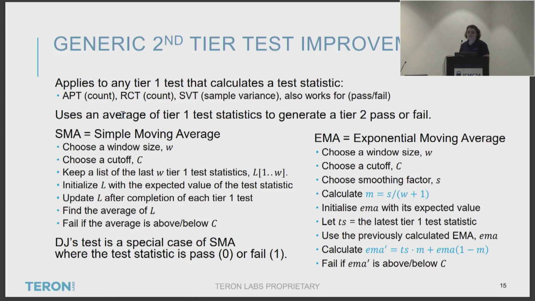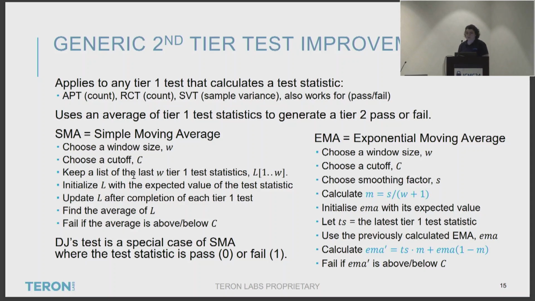So I looked at 2 different types of averages, a simple moving average and an exponential moving average. Both of them you need to choose a window size and a cutoff. For the simple moving average, you have to keep a list of the last W tier 1 test statistics. You can initialize the list with the expected value of the test statistic for good data.